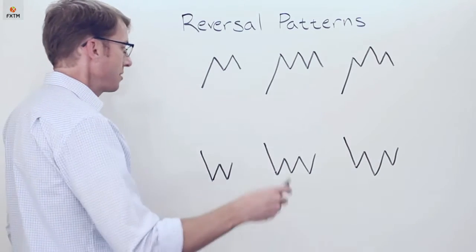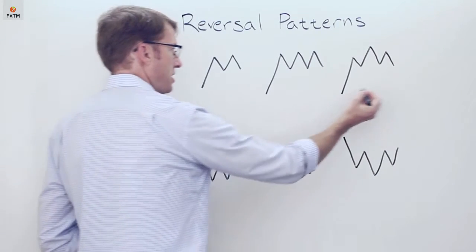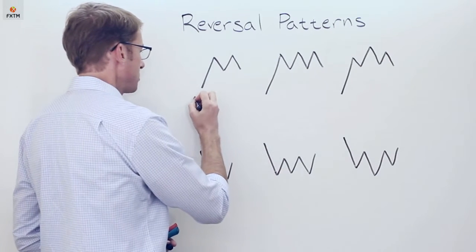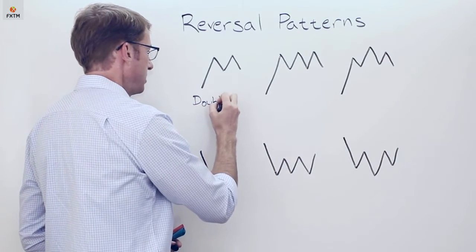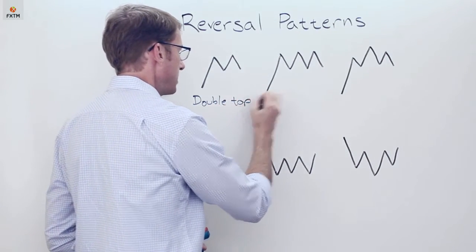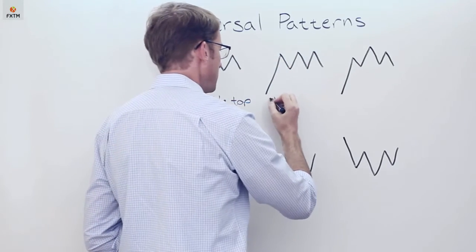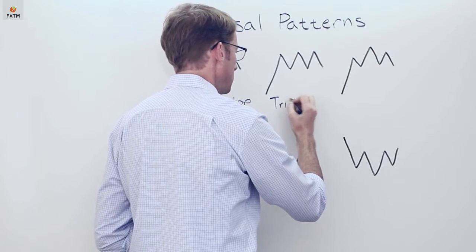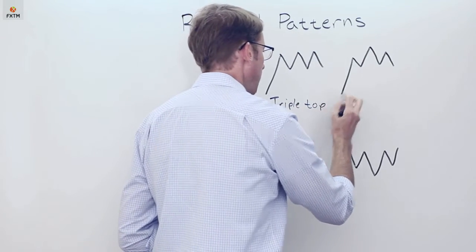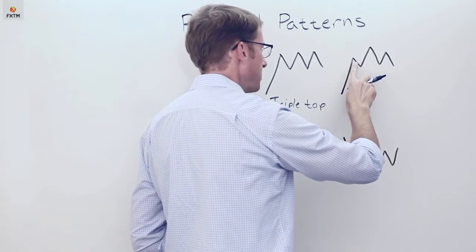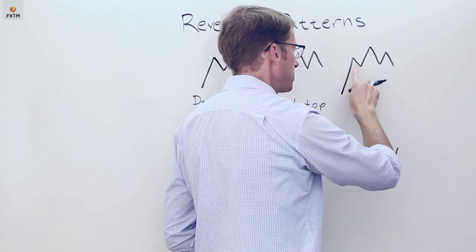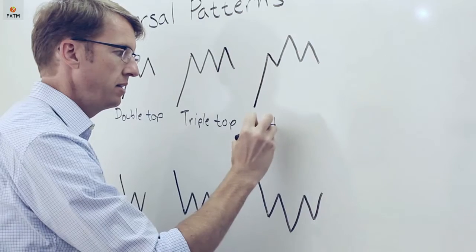Now, to start with, I'm going to take a look at these three technical patterns here. This one is called a double top. This one, as you might imagine, because it has three tops, is a triple top. And this one is very similar, except that the tops are uneven. So this one is a head and shoulders pattern.